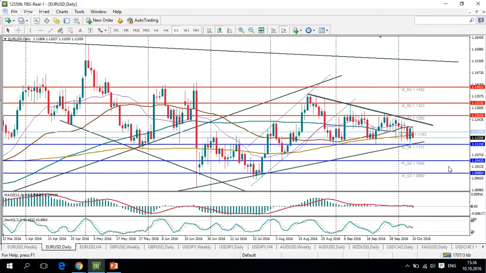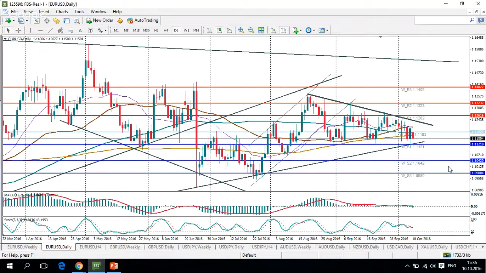Also, if we speak about the euro, we remember that there are concerns about Deutsche Bank. For now, these concerns have subsided a bit as traders see that there are no immediate consequences of the problems of the bank, but still it didn't manage to reach an agreement with the US authorities, which demand Deutsche Bank to pay a fine.